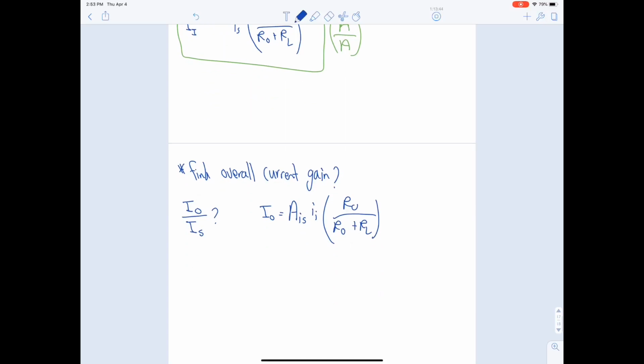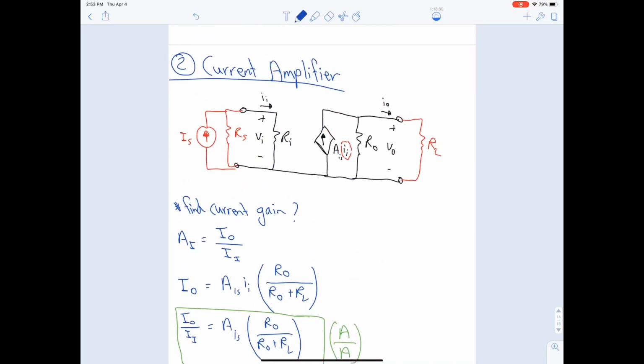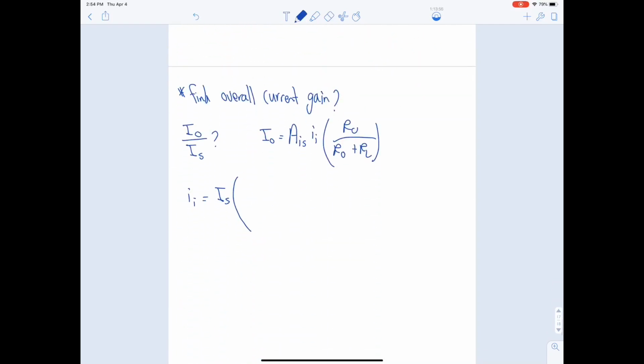Okay, now we need to find II in terms of IS. II in terms of IS, we're going to do current division again. II is equal to IS multiplied by RS divided by the total. So it's RS divided by RI plus RS. After we have found II in terms of IS, we need to take all of this and plug it into II.